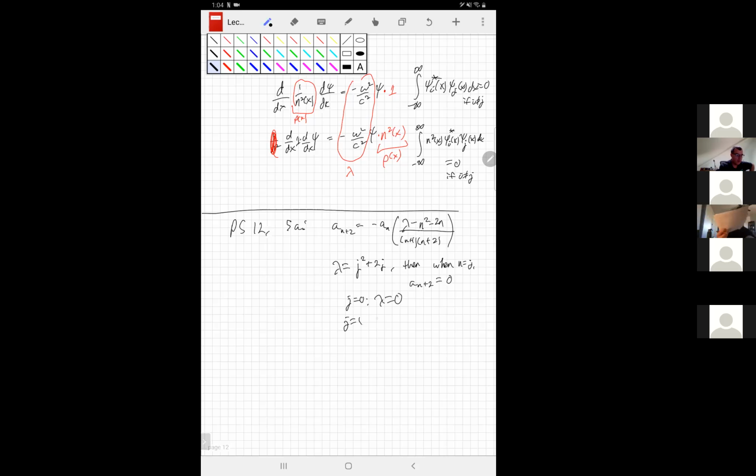If j equals 1, lambda equals 1 squared plus 2 times 1, or 3. If j equals 2, lambda equals 2 squared plus 2 times 2 equals 8, and so forth. So these were three possible values of lambda, 0, 3, and 8.